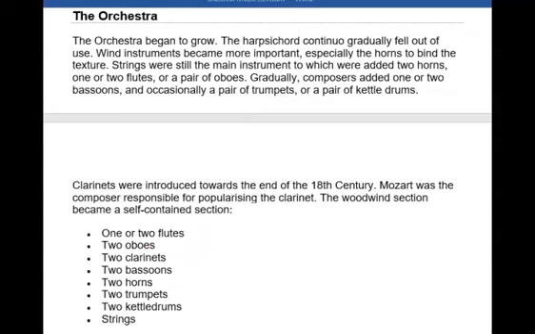The orchestra began to grow in the classical era. The harpsichord continuo gradually fell out of use. We still remember the harpsichord continuo, where we had the harpsichord filling in the harmonies. We had the cello playing the bass line. Now that fell out of use. Wind instruments became more important. So wind instruments can be the brass or the woodwinds, especially the horns, to bind the texture.